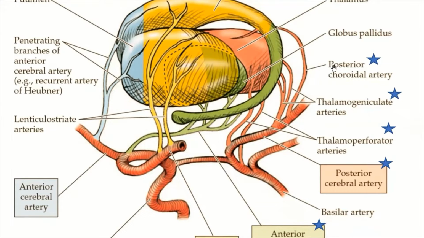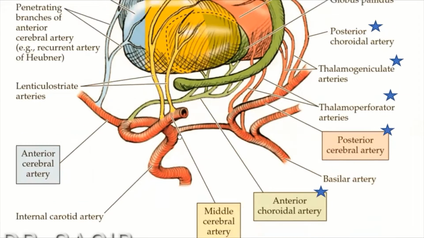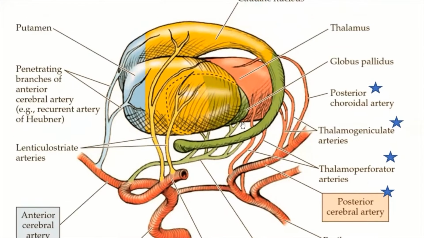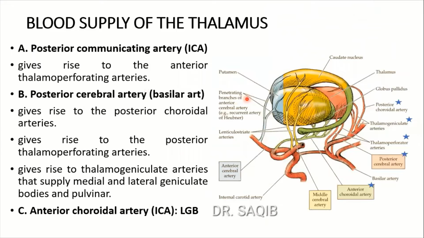And these are the thalamo-geniculate arteries, coming from the posterior cerebral artery. And this is the anterior choroidal artery coming from the internal carotid artery. So these all supply these structures in the thalamus, its nuclei and everything.